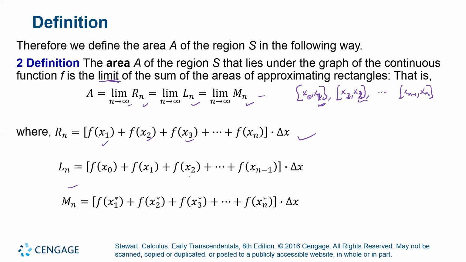The left endpoints will be x0, x1, x2, and so on up to x(n-1), so it ends there. And the midpoints are the average of each one of them. So that brings us to the end of the first part, using rectangles to estimate the area under a curve.